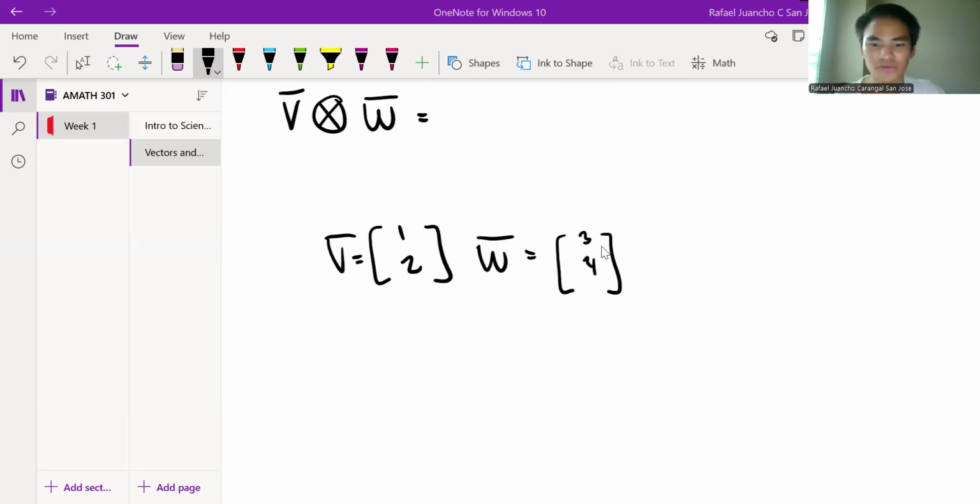Actually, let me check. Can we get the outer product if we both have column vectors? If we have both column vectors, can we do that?